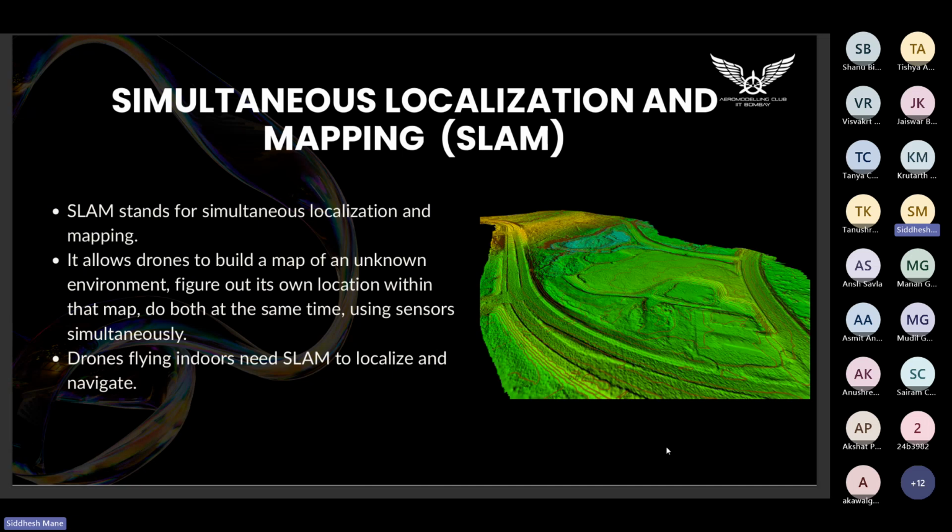As you can see in this image, this is the green map, and the yellow dot you see here is the drone which is covering that area, and it is using LiDAR sensors to generate a map of its surroundings. That's an application of SLAM. Now we know that when you are flying indoors, GPS won't work. So you need something to guide your drone. That's where SLAM comes in.